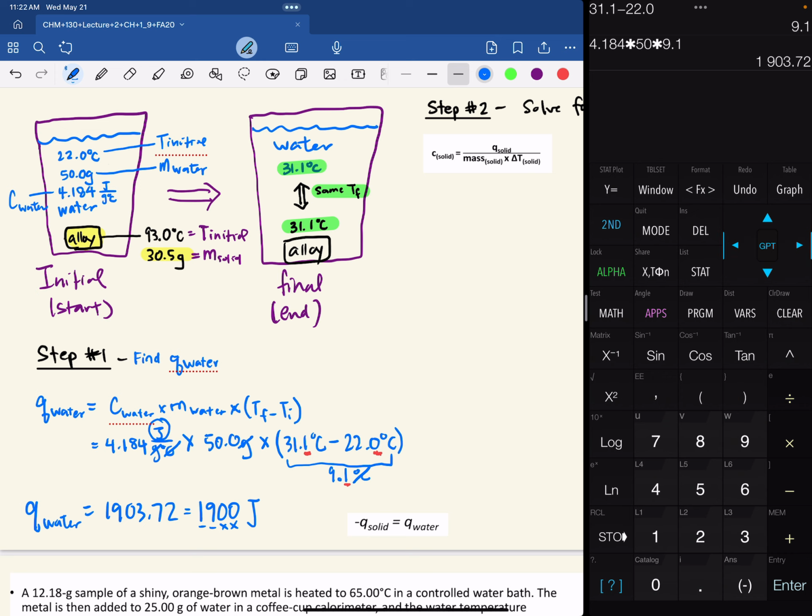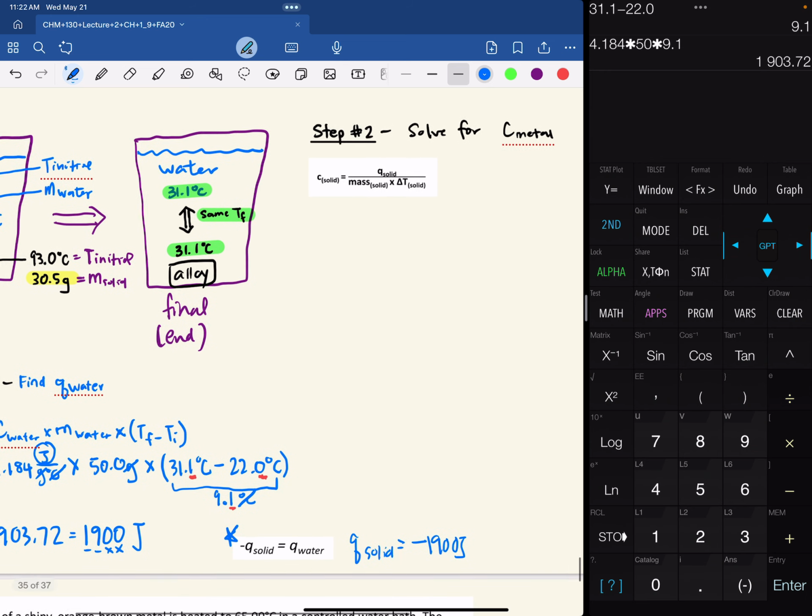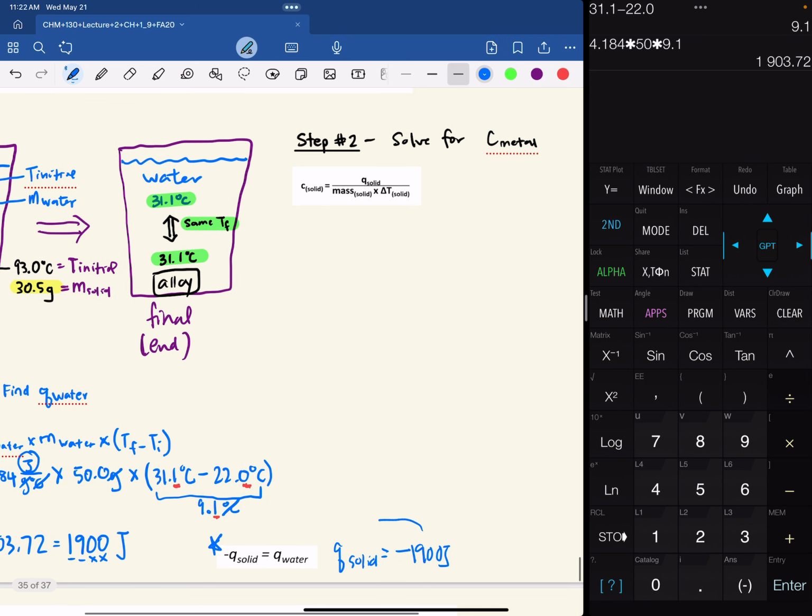So if Q of water is positive 1900, then Q for the solid is equal to negative 1900 joules. And this is really important in step 2. So this is the number that we're going to carry into step 2.